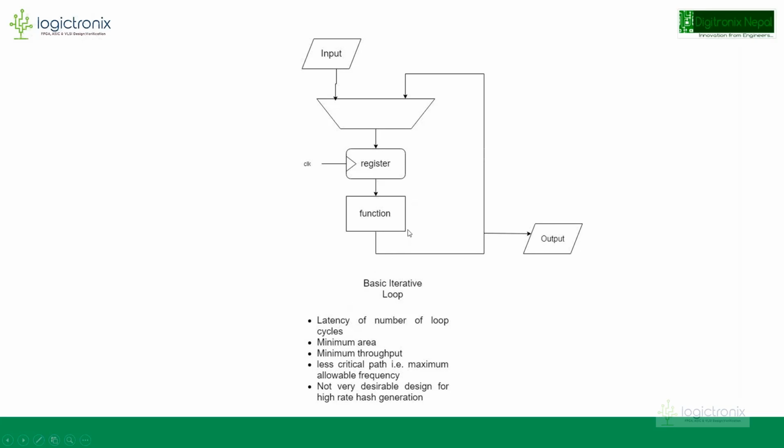The main advantage of this design is that it has the minimum area, and throughput is also minimum because you have to wait 24 cycles until you can input a new value. Until we get the first output, we won't be able to input a new input in this module. So that's its main disadvantage, and this is not desirable, of course, for higher hash rate generation.